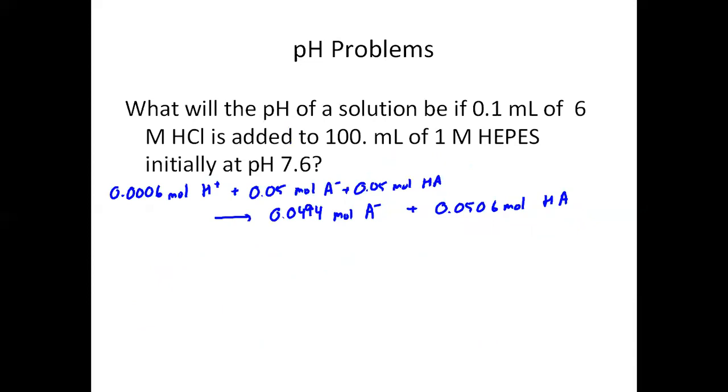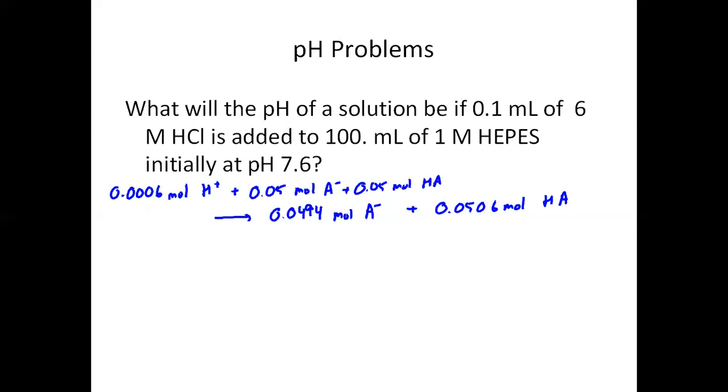Because protons are positively charged, if they are being produced, they are going to react with the A- form of the buffer, and the A- form will therefore decrease in quantity. In the reaction between the A- and H+, more molecules of HA are formed, and that number will then increase.